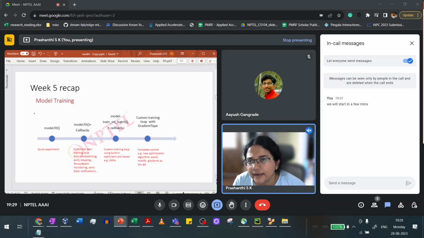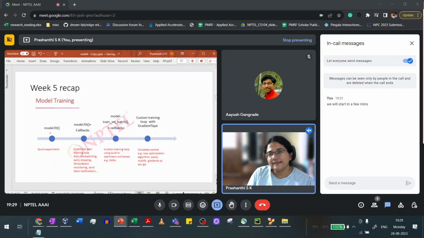Again, in the training part, you see something very similar. model.fit is a very quick experiment. If you need one level more control, then you use fit with callbacks. So you could have things like checkpointing, early stopping, monitoring, but nothing very different in the model training itself.